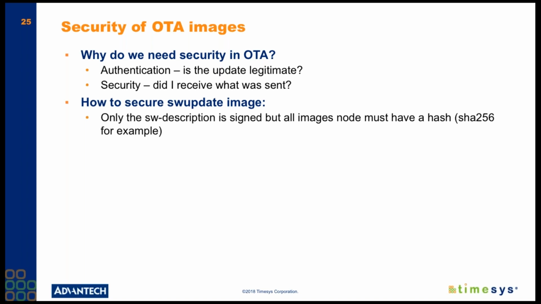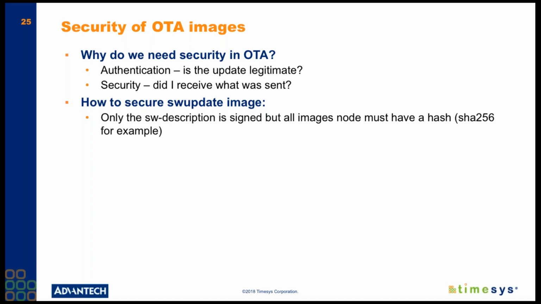So how do I secure a software update image? I'm going to do this quick discussion using the SWUpdate image, the .swu. If you recall, the sw-description holds the information about the different images in the update image in the .swu.